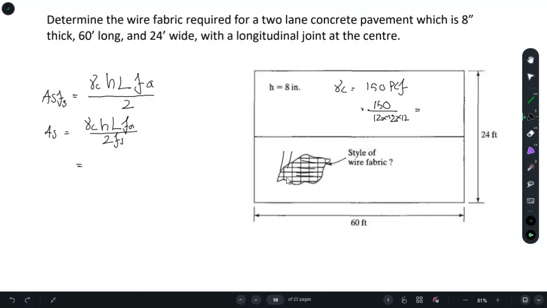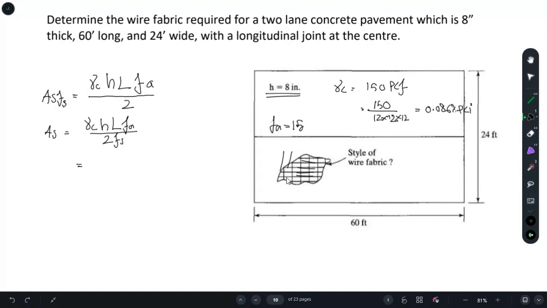We'll get a value of 0.0868 PCI. Then we need H, which is 8 inches, and we need F. If it is not told, our teachers suggested that we use F, the frictional coefficient, as 1.5.